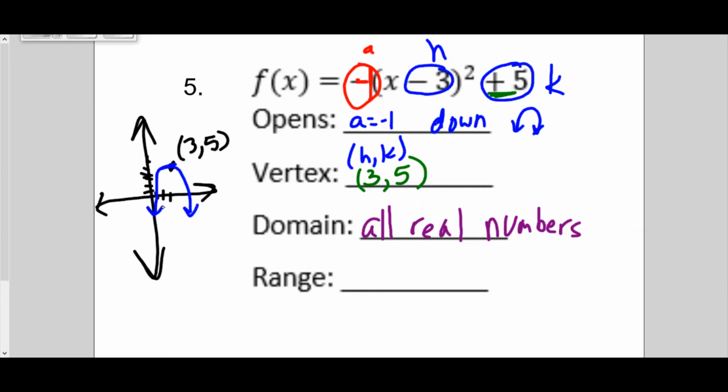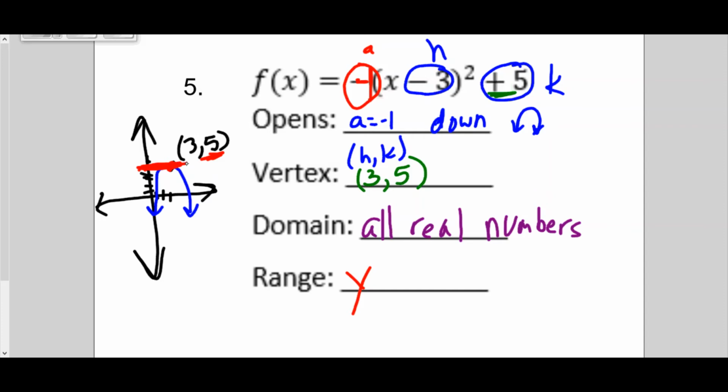So when we're looking at the range, we're looking at the y value of the vertex. So the y value of the vertex is 5. It's right here.